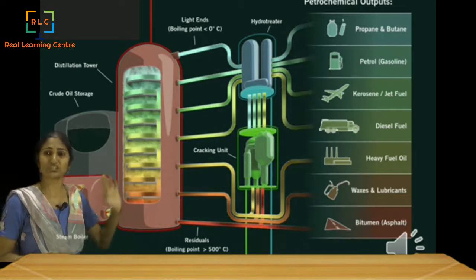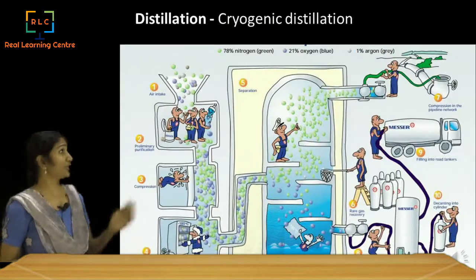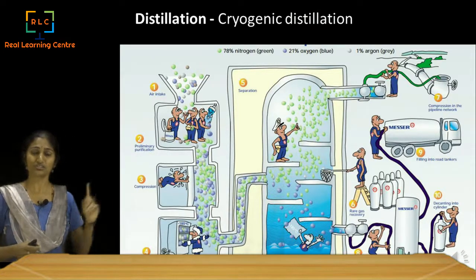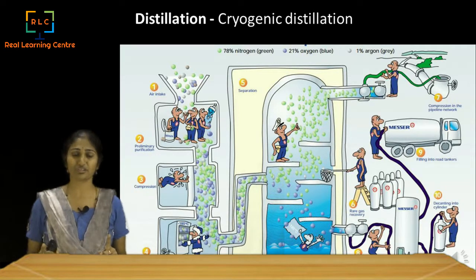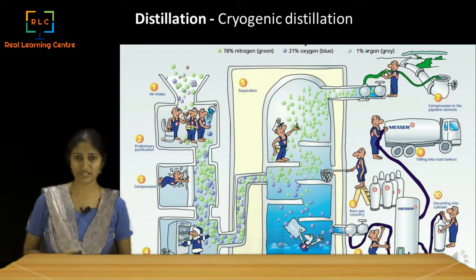Once we have studied these two techniques, let us study one more technique, called cryogenic distillation. This distillation is quite different from the other two types we have just studied. Cryo means cold.